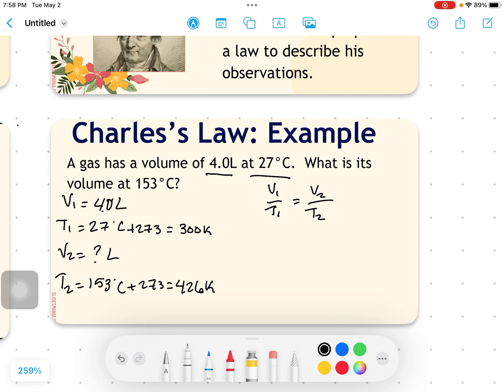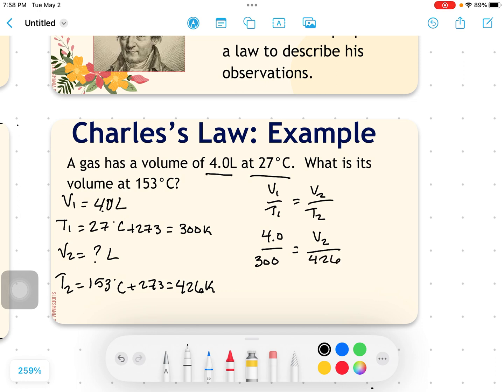So my V1 is my 4.0 liters divided by my temperature of 300 degrees Kelvin equals my volume 2, which we don't know. Again, you could put that as X if you wanted to. And my temperature 2 will be 426 Kelvin.